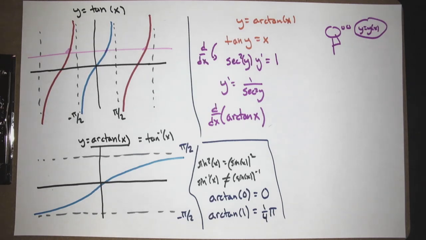Perhaps a nice formula. An identity, if you will. Secant squared. Okay, that's a good start. Think back to your trig identities.